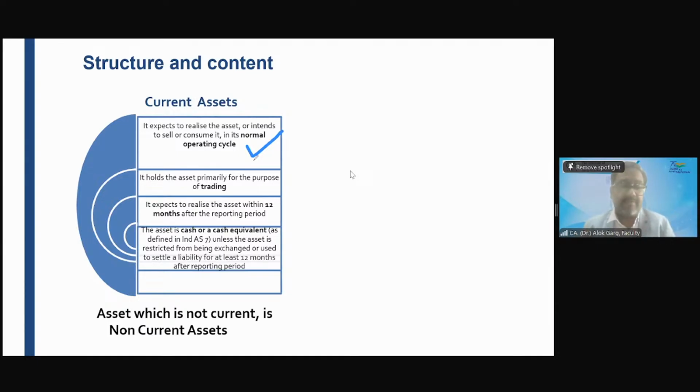इसका क्या मतलब होता है? For example, the company has spent money in procuring the raw material, right? And it will take 3 months for procurement of raw material. The company pays cash and the raw material comes to the company in 3 months. Then the company processes that raw material for converting into finished goods.